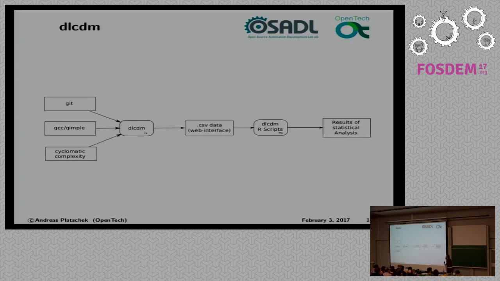And we put all this data in our database that is presented to the developers by the web interface and in the form of comma-separated values data. And the statistics guys can use this data conveniently in comma-separated values in their R scripts and produce some results, some statistical analysis.